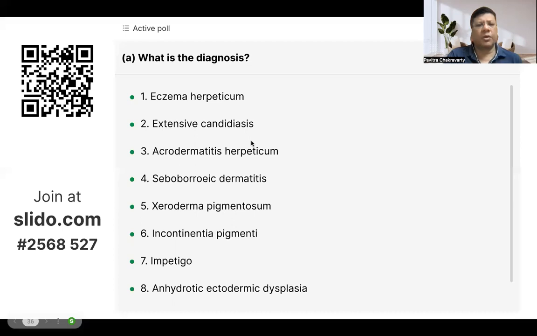Eczema herpeticum, candidiasis, acrodermatitis, seborrheic dermatitis, xeroderma, impetigo, ectodermal. Anything going on here?